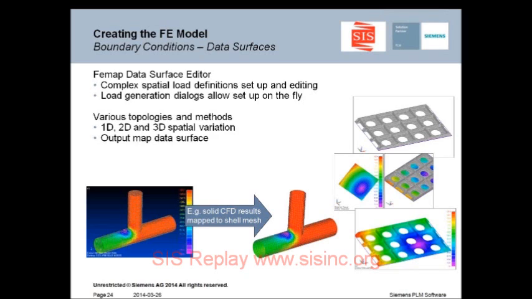You can also set up other complex load systems. For example, the images along the bottom left go from a fluid model, which exerts pressure loading on a structure, and that can be mapped to a structural model for a subsequent analysis, that kind of thing.